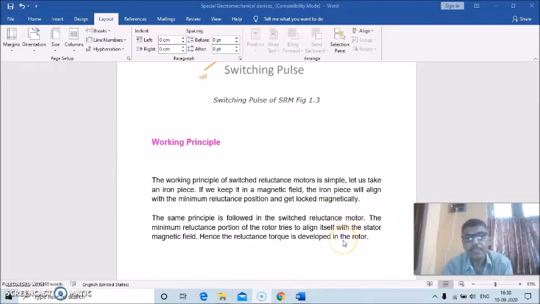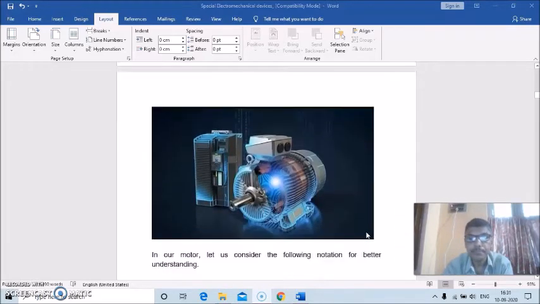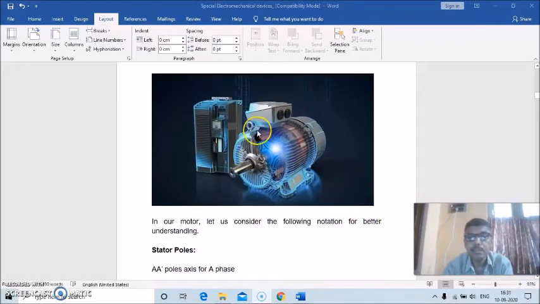The same principle is followed in the switched reluctance motor. The minimum reluctance portions of the rotor try to align themselves with the stator magnetic field, and hence reluctance torque is developed in the rotor. So this is actually the SRM, switched reluctance motor.